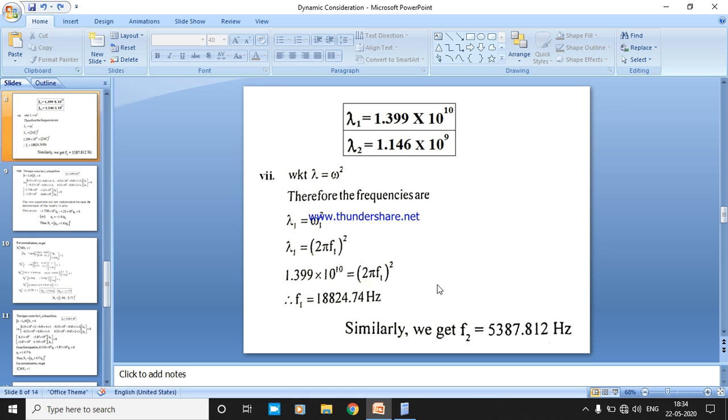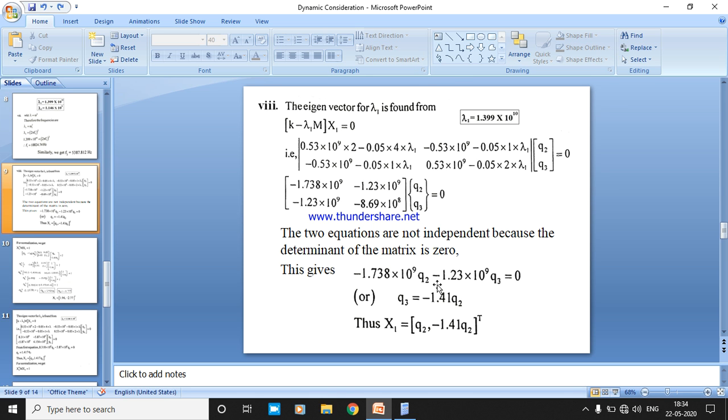Now we have found eigen values. Now we are going to find eigen vectors. We know the eigen values we got are lambda 1 and lambda 2. First we shall consider lambda 1.